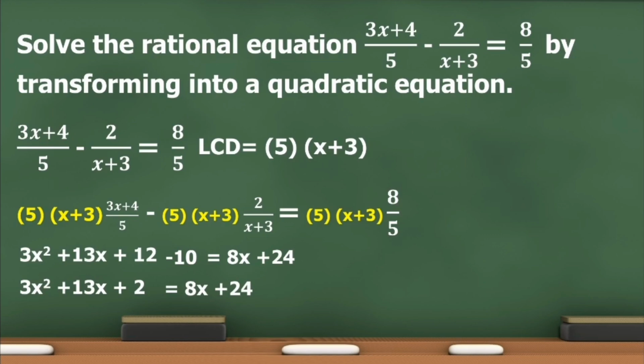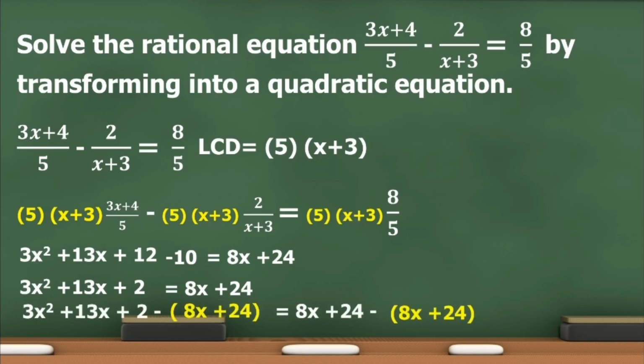Next, subtraction property of equality. Subtract both sides by 8x plus 24. Okay, tapos simplify natin. Magiging 3x squared plus 13x plus 2 minus 8x minus 24 is equal to 0. Then, combine uli natin yung like terms.